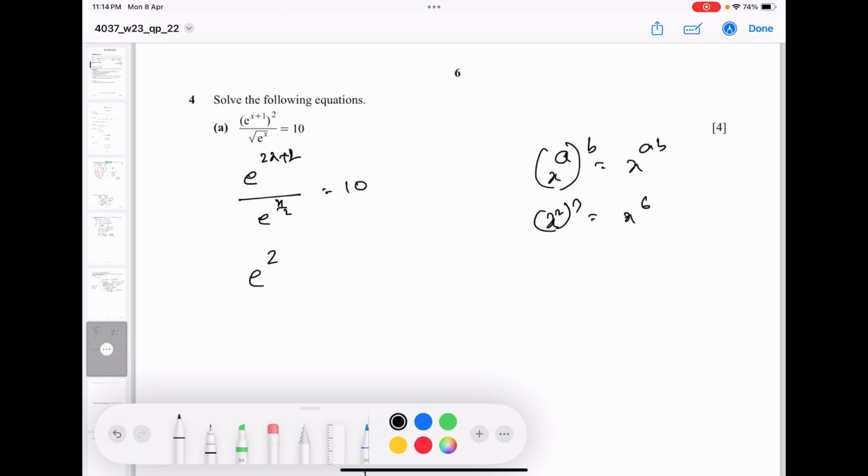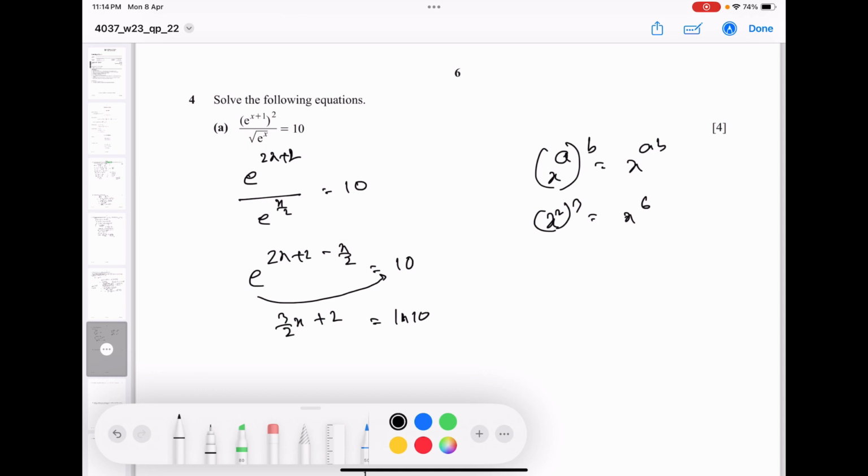So 2x plus 2 minus x by 2 equals 10. And then since e is given, it is 10, 2 minus 1 half, that's 3 by 2 x plus 2. Okay, now let us simplify.